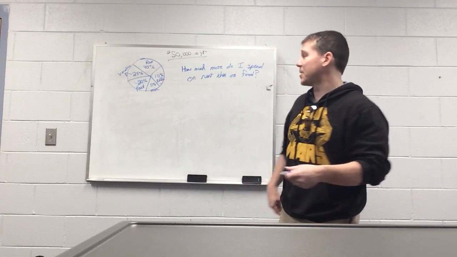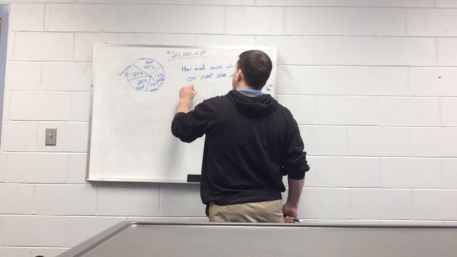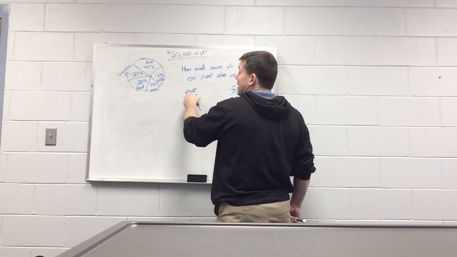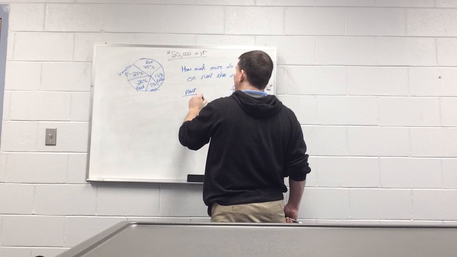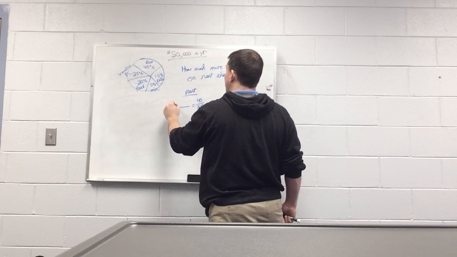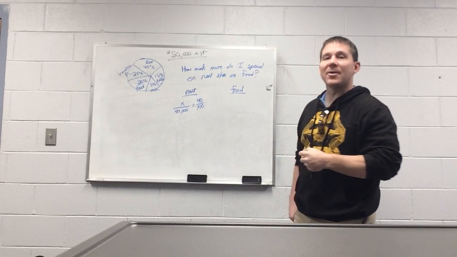We know I can solve that with a proportion. So for rent, we'll do these separately. We'll put food over here. For rent, my proportion. Rent is 40%. That's 40 out of 100. And I earn $50,000, which is my total. I'm looking for the 40%, the rent.